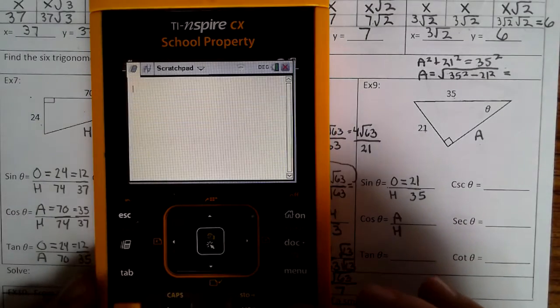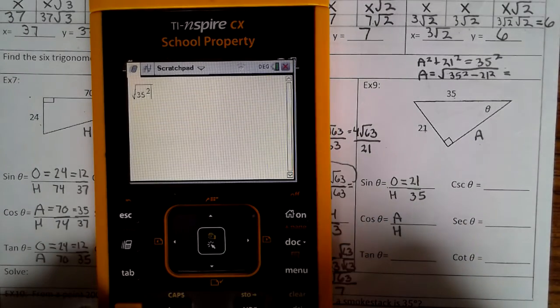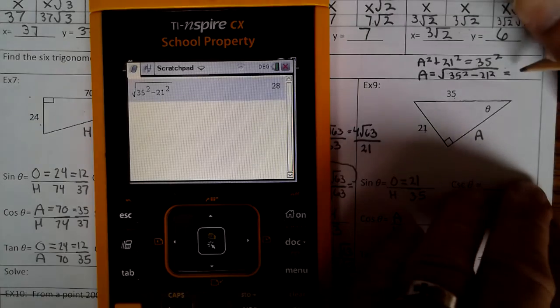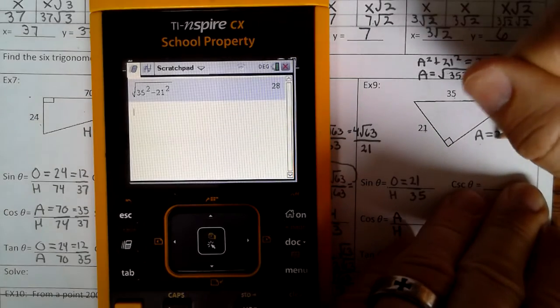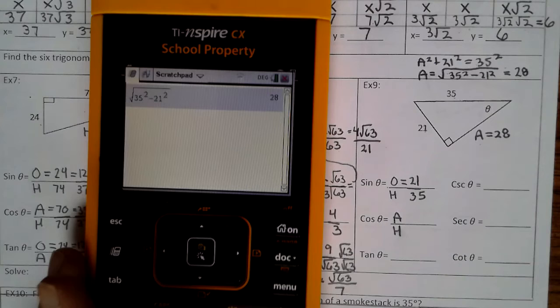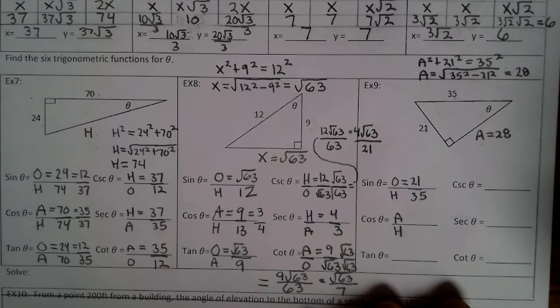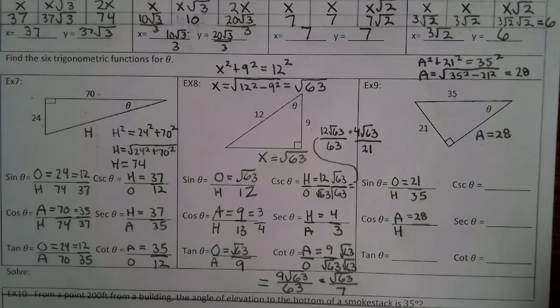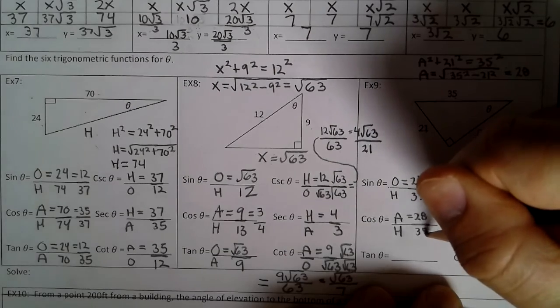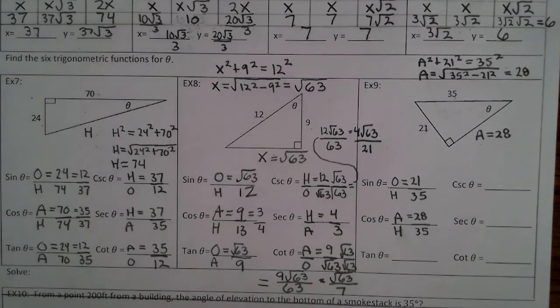So that means this is 28 divided by 35. All right. Now, tangent, opposite over adjacent. So opposite's 21 divided by adjacent is 28.